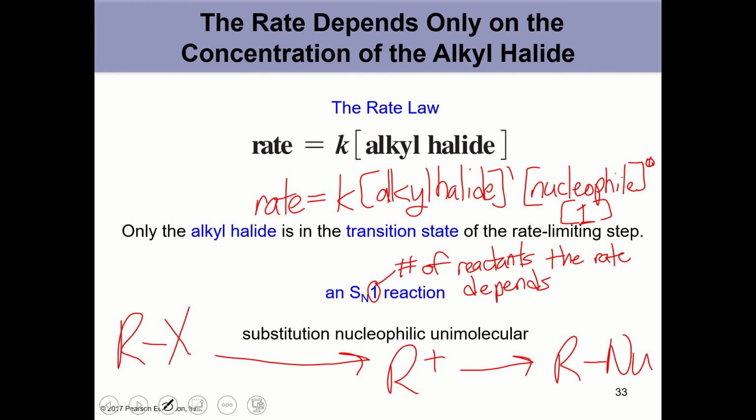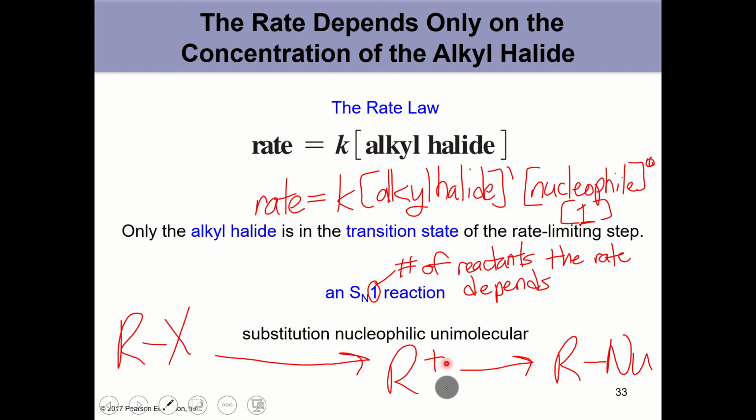This reaction is going to occur in the following way. We're going to have our alkyl halide, and in the first step of the reaction, which will be the rate determining step, the halide will simply fall off, taking the bonding electrons with it to create a carbocation.